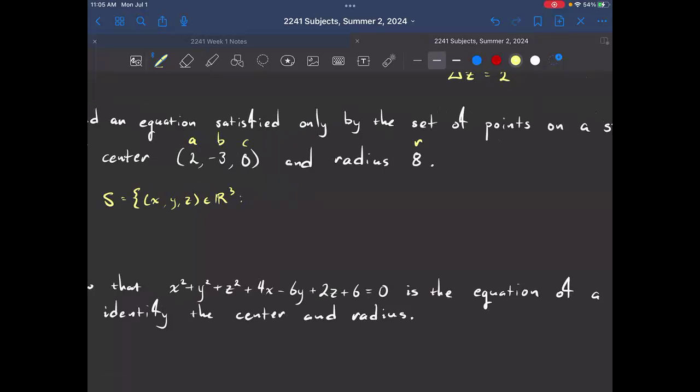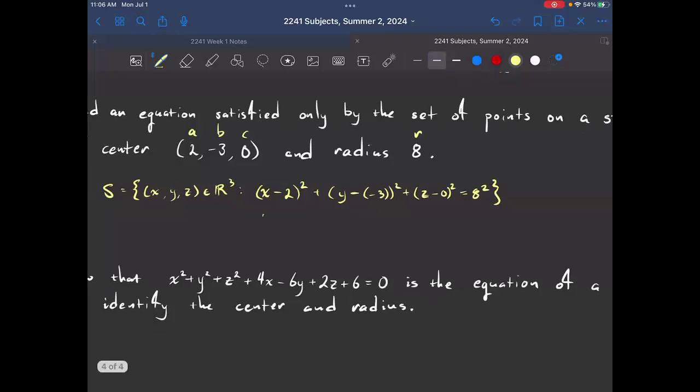So all of the points x, y, z satisfying the equation x minus 2 squared plus y minus -3 squared plus z minus 0 squared equals 8 squared.